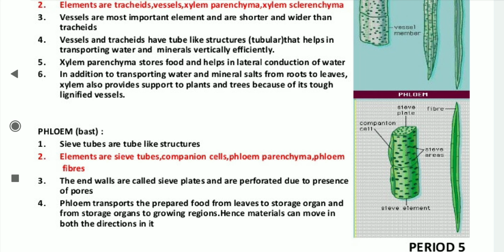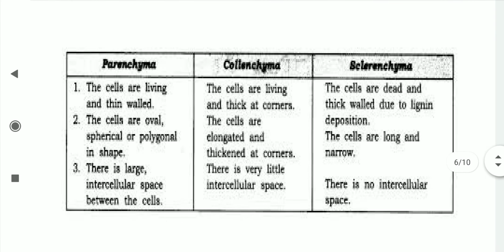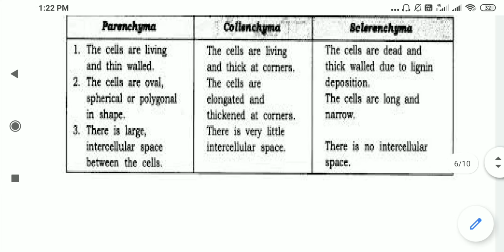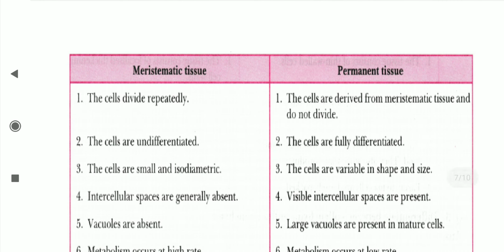So all these things are clear to you. Now I have given you some tables of differences which we have already discussed. This is parenchyma, collenchyma, and sclerenchyma. Next is meristematic and permanent tissue.